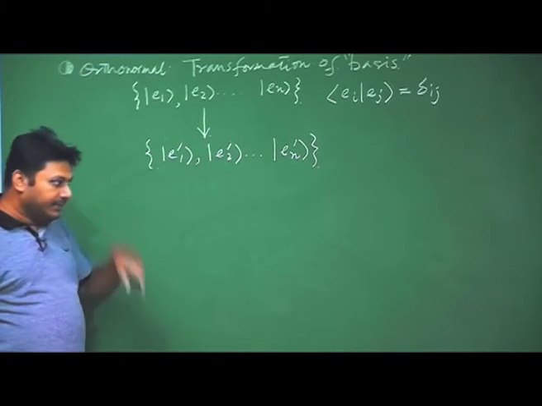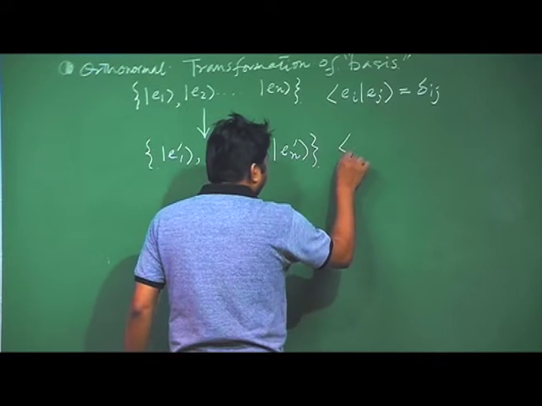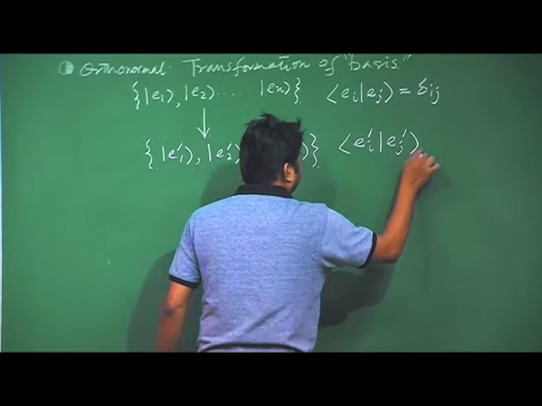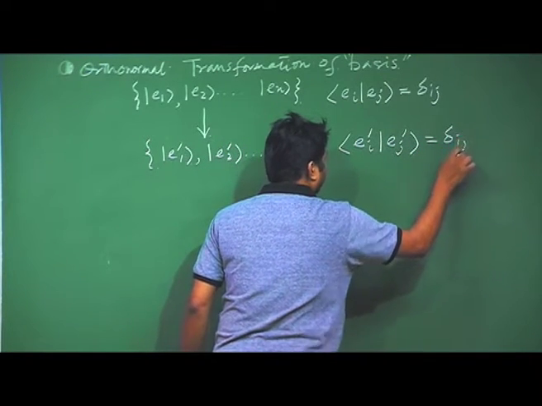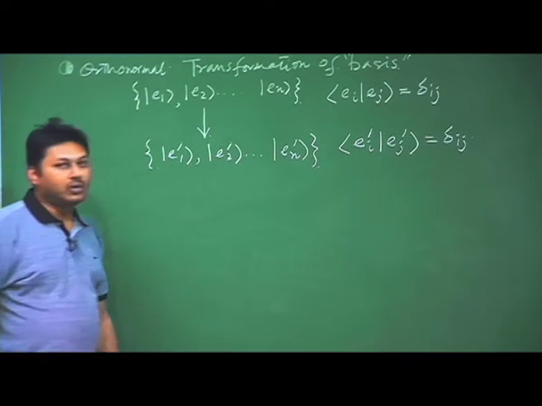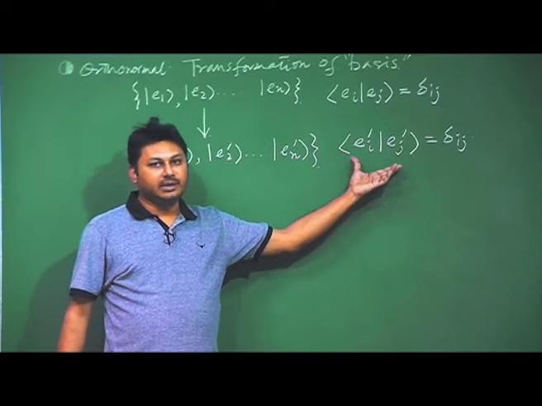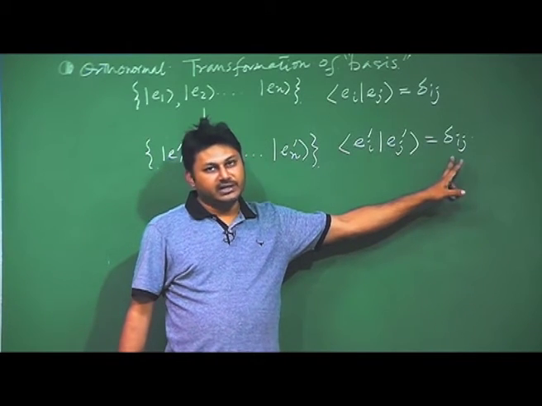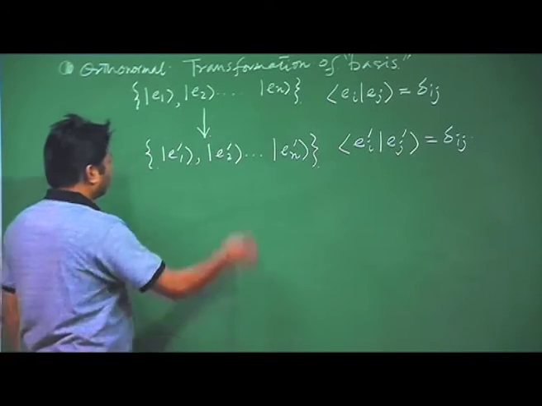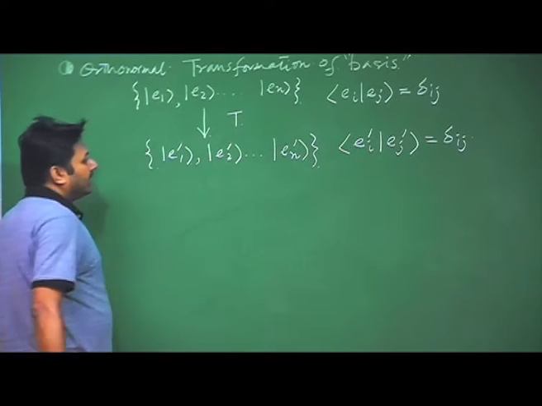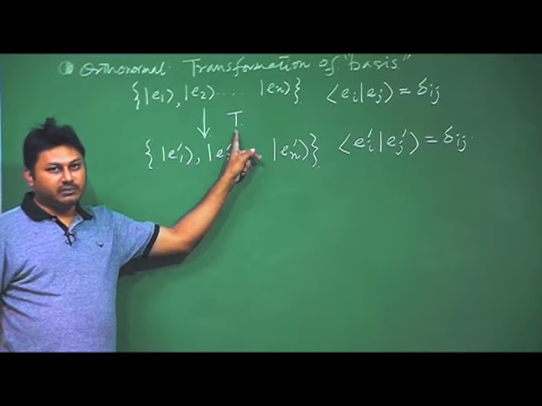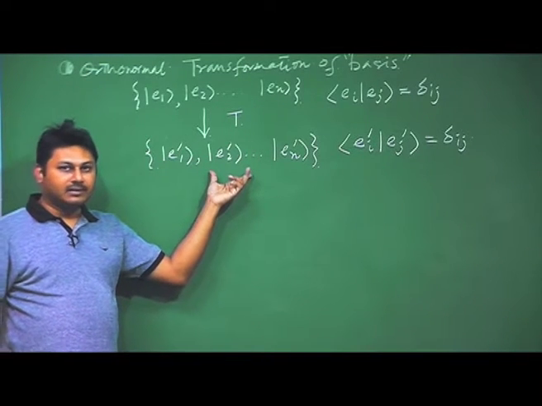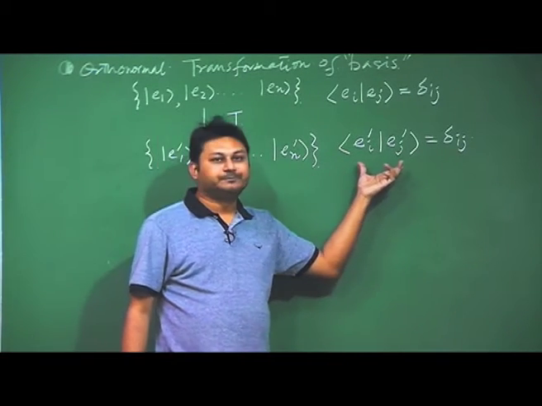If I do that, then I demand that my new set of bases will also follow this formula. That means, my new set of bases will also be orthonormal. What is the condition for that? So, obviously, the transformation matrix T should be a special matrix that can transform this to this in such a way that the new basis will also be orthonormal.